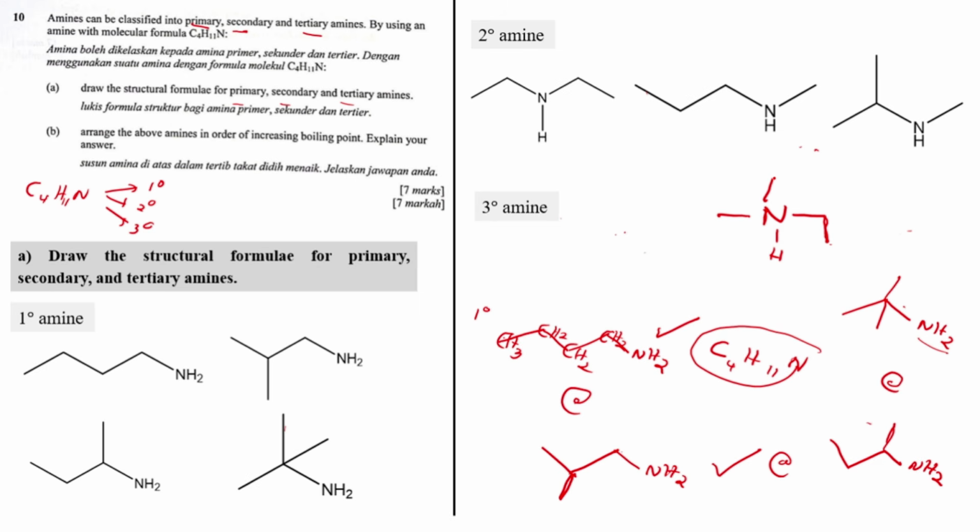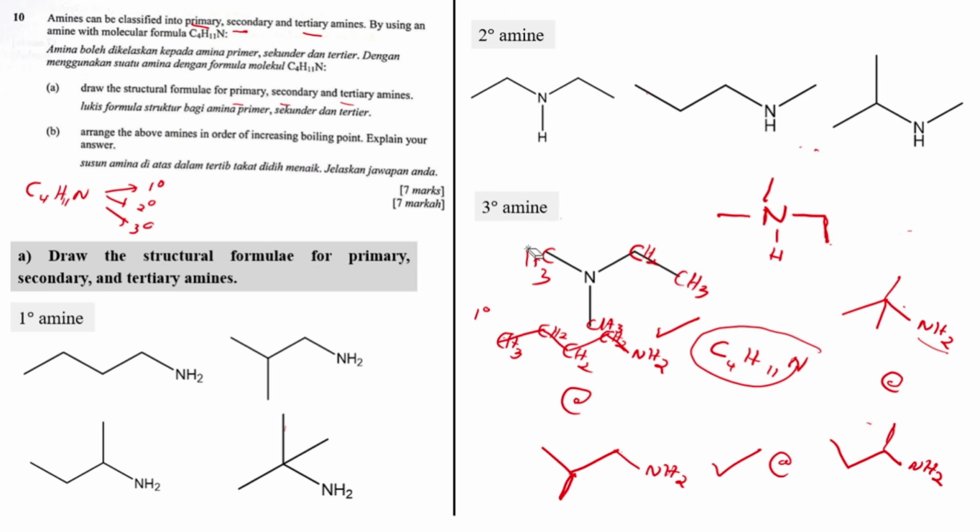So it doesn't matter, 2 here or 2 here. This time I'm going to use the number 2 here. So I'm going to draw my structure like this. If I were to count back, I'm going to get my CH2, my CH3 here, my CH3 here, and then my CH3 here. So I'm still going to get C4H11N. So I know that my tertiary amine here is correct.